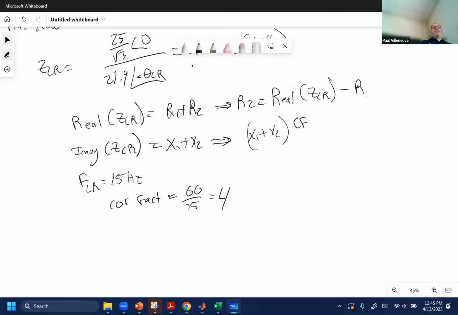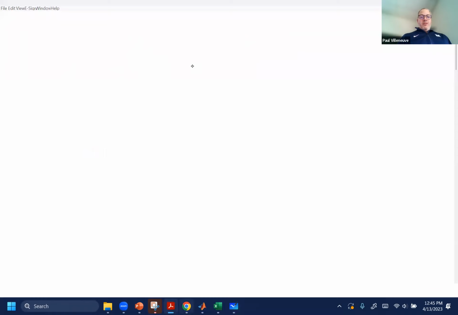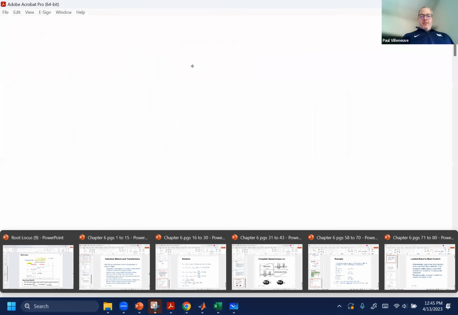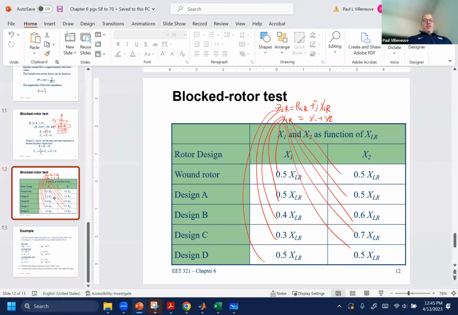Once I have that, I've got to look at the NEMA design characteristic, and I have to go through my table. NEMA design A tells me that both X1 and X2 have the same value. They're equal to 1/2 the locked rotor reactance.